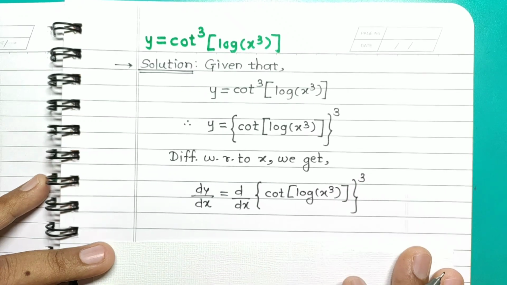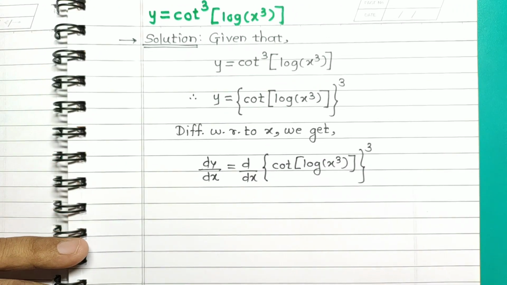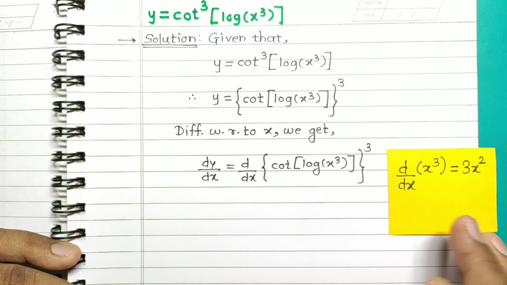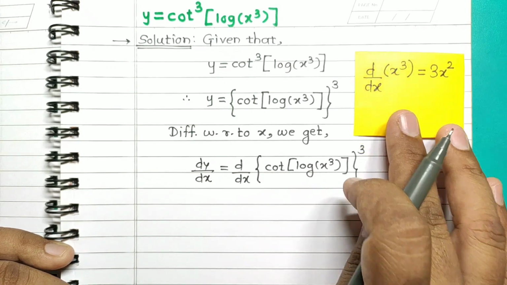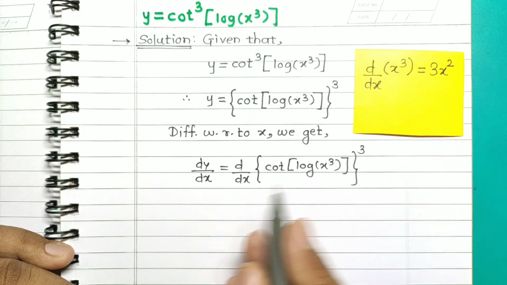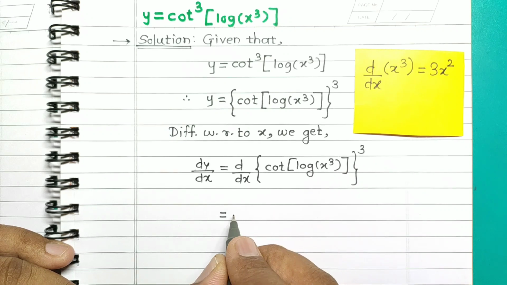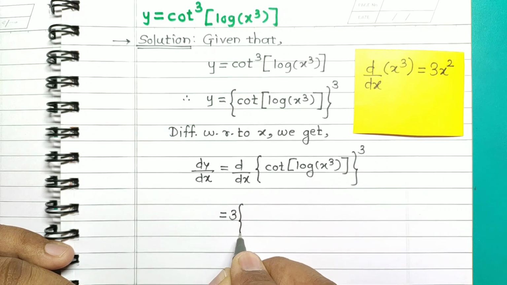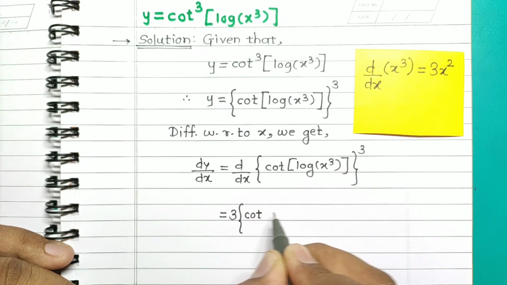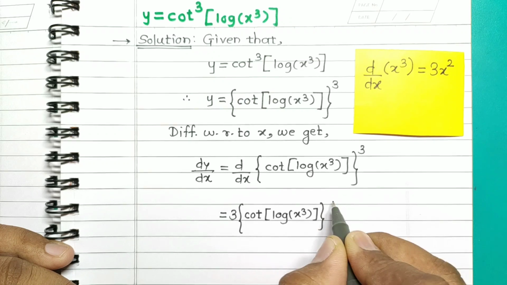Now we are going to treat it as something cube, so we are going to use the standard form. Derivative of x cube is 3x square, so derivative of this something cube is 3 into something square, and this something function is cot of log of x cube, bracket square.